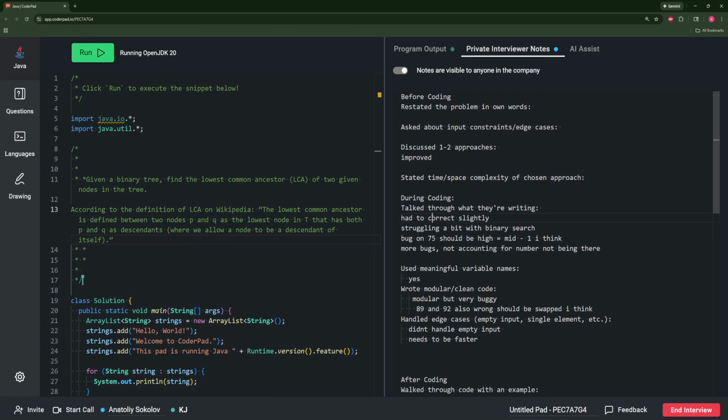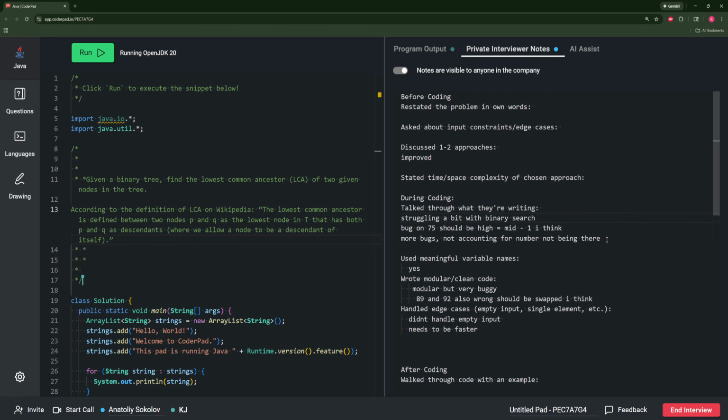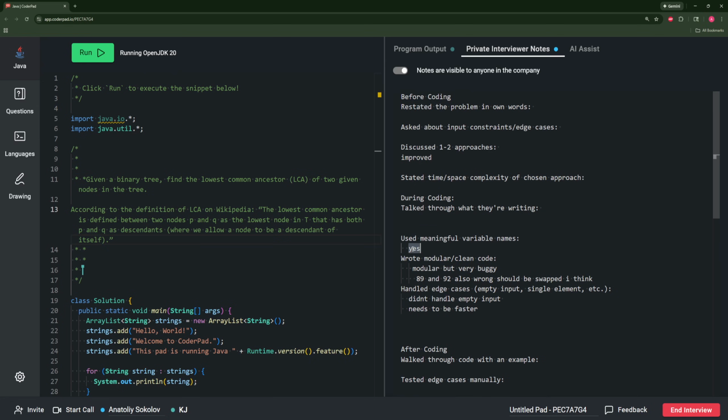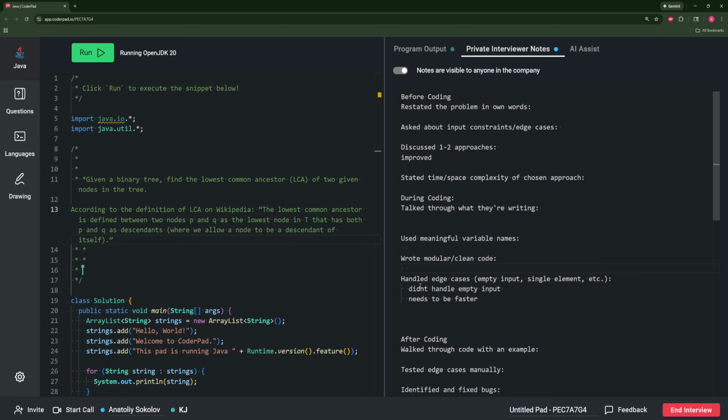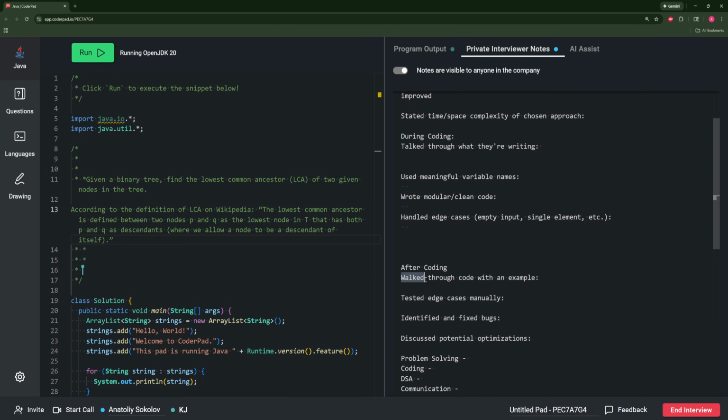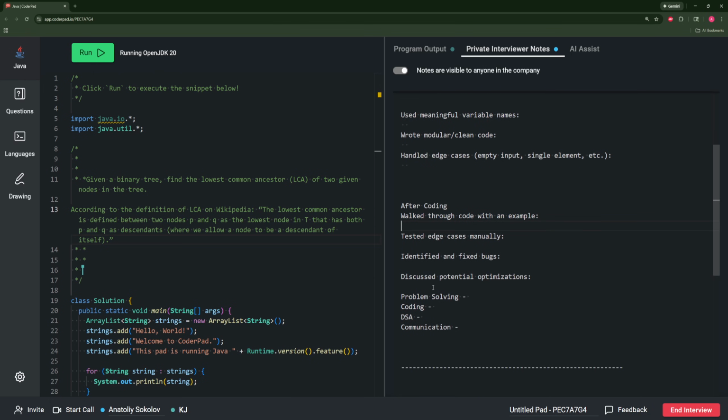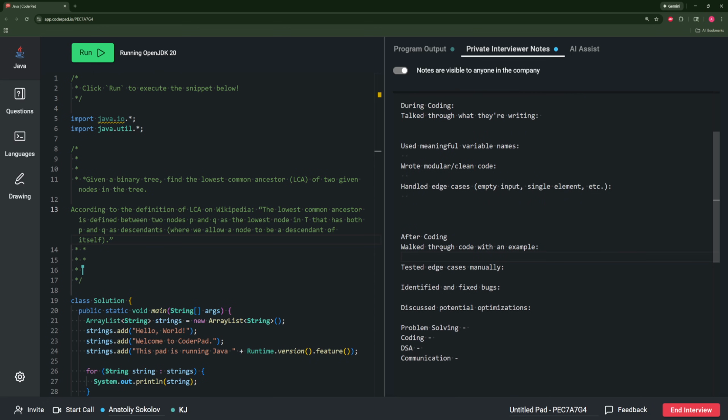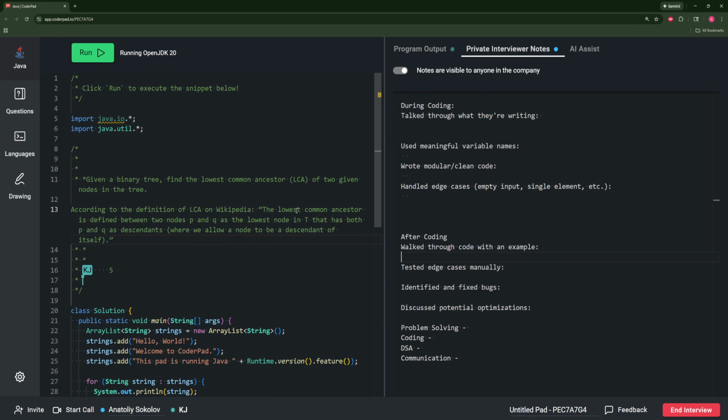Okay, yeah. So this is how I'm thinking of solving it. So we have nodes P and Q, which are both nodes in a binary tree. Let me start off with an example, maybe. So we have 5, 4.